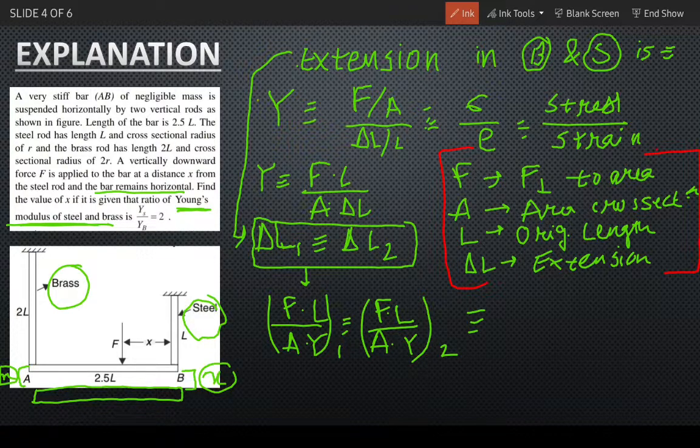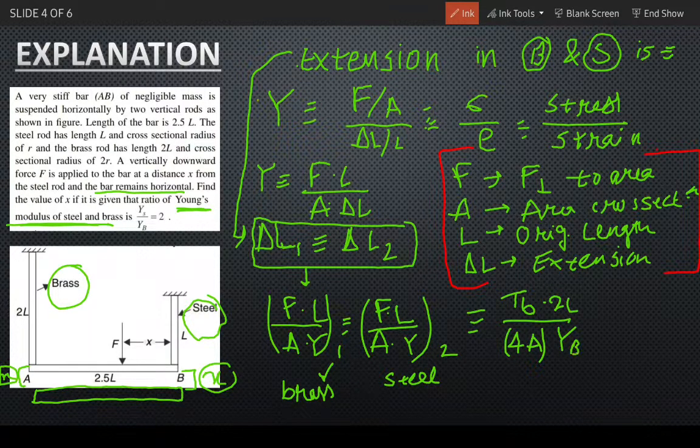Equating, we find that TB into twice L upon the first rod, which refers to brass, second rod refers to steel, TB into 2L upon 4A times Young's modulus of brass is equal to TS times L upon area times YS.